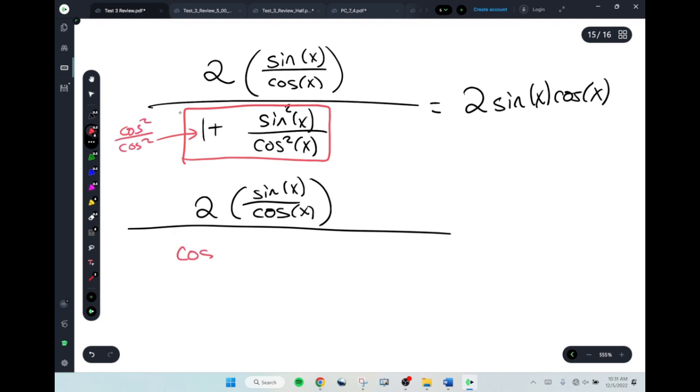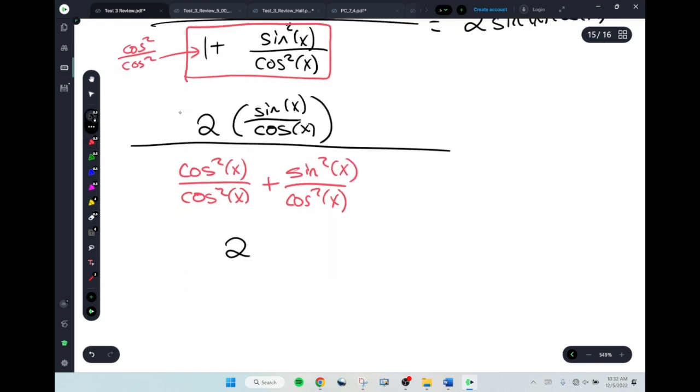So now we've got cosine squared of x over cosine squared of x plus sine squared of x over cosine squared of x. And what happens to that fraction right there? The denominator is the same, a common denominator, so guess what we get to do?